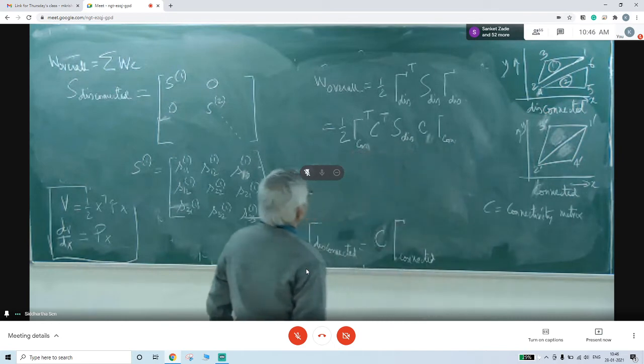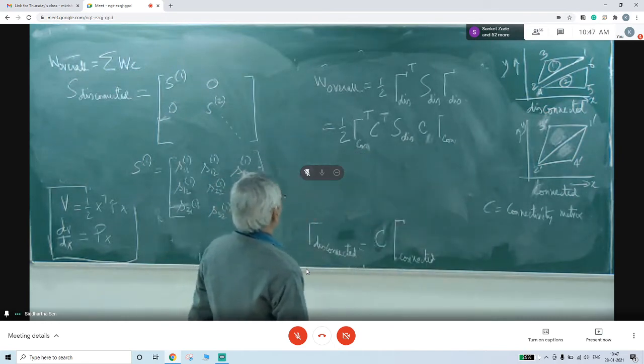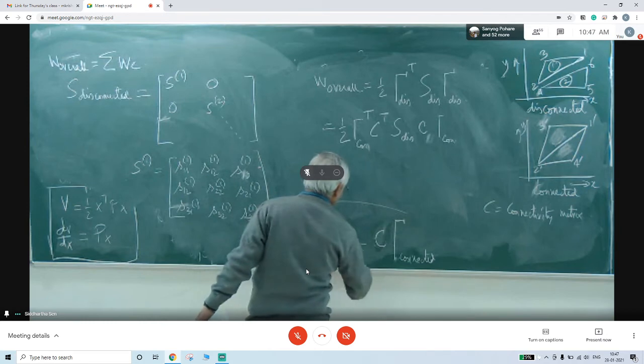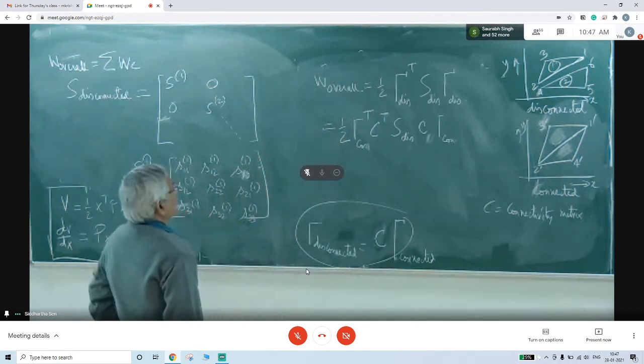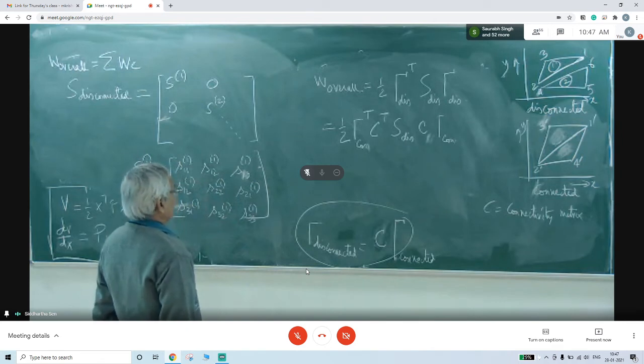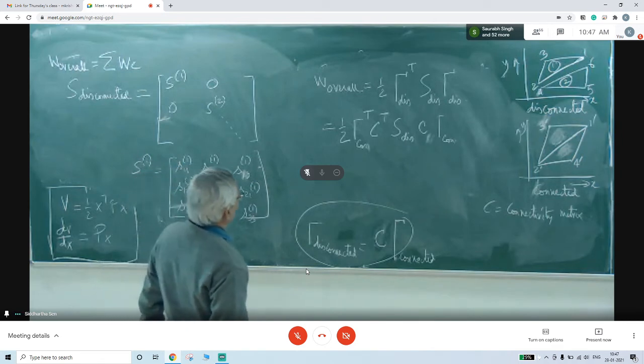Am I clear? Can I write it? So I am using this expression and replacing these things here. So lambda disconnected is equal to C into lambda connected.